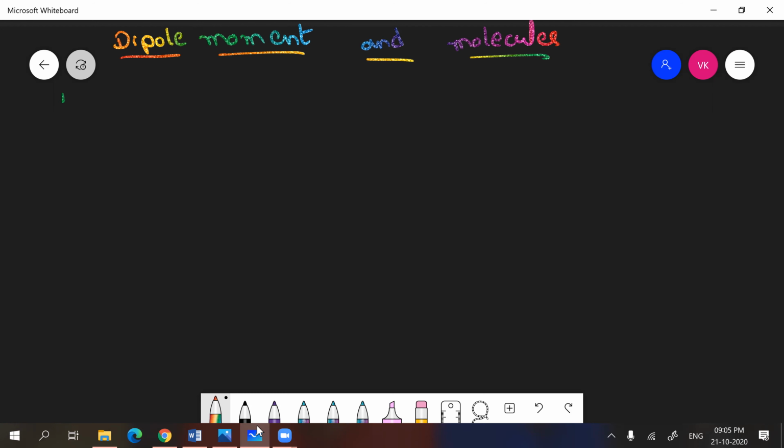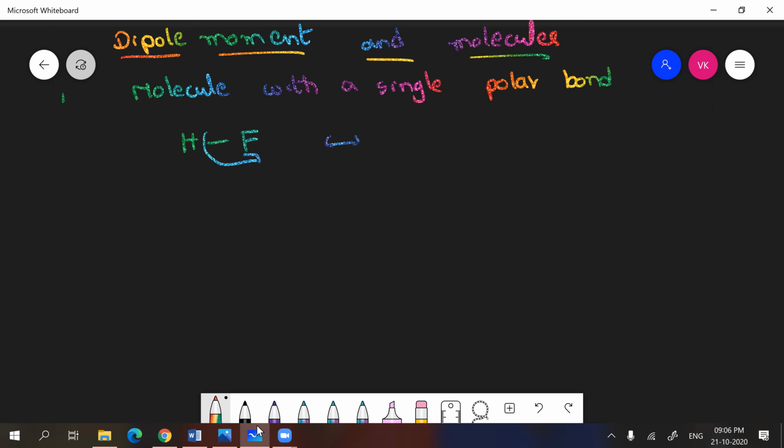The first case is, let us take molecules with a single polar bond. Then what happens? Let's see. The same case, if I take hydrogen fluoride, the bonded pair will be pulled by this, so it becomes a polar bond now. And the dipole moment direction is this side.